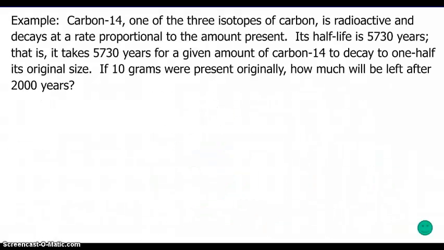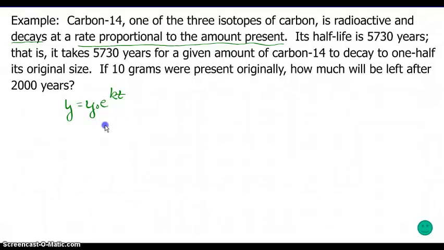So let's do our one example here. I think we can get through it in time before the end of the video. Carbon-14, one of 3 isotopes of carbon, is radioactive and decays at a rate proportional to the amount present. So that tells me we are in this exponential model.